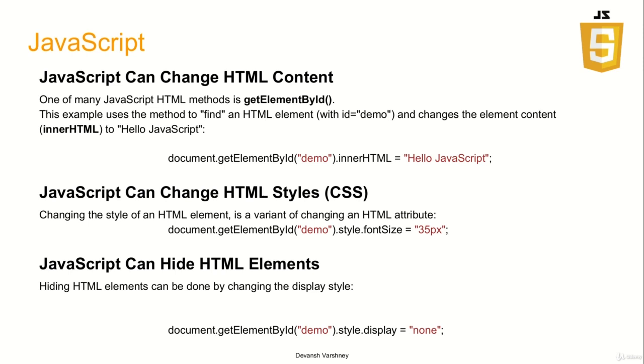The name helps you understand it: the id is searched in the whole HTML document, and wherever there is a match, for example an id of demo, whatever paragraph, heading, or other tag in your HTML document has this id demo will be altered or changed by JavaScript.